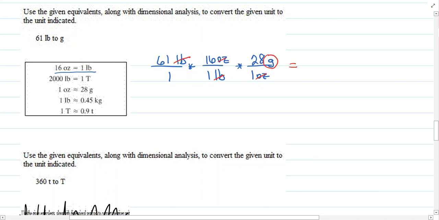There it is. So what I have then is 61 times 16 times 28 grams. And I'm going to use my calculator.